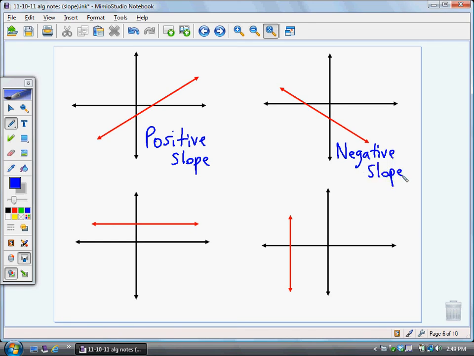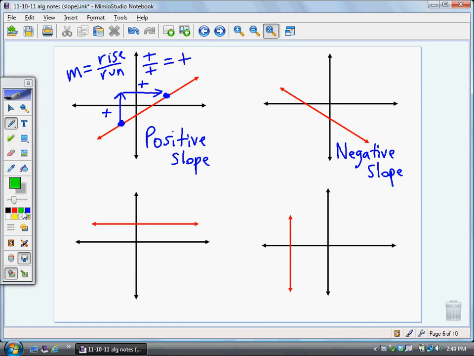And if you just think of rise and run, the rise is positive and the run is positive. The rise over run, positive over positive, equals a positive.